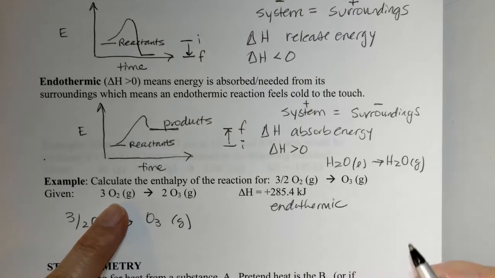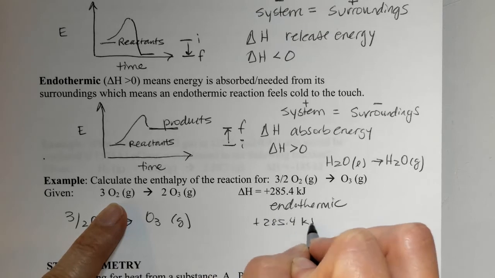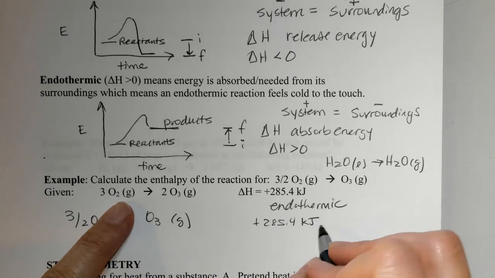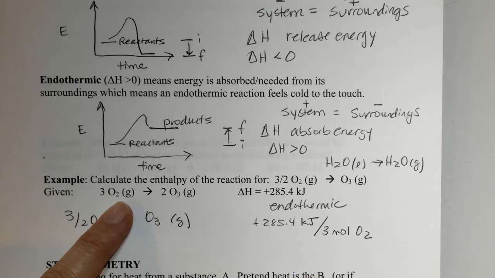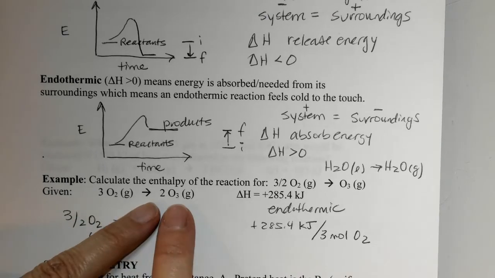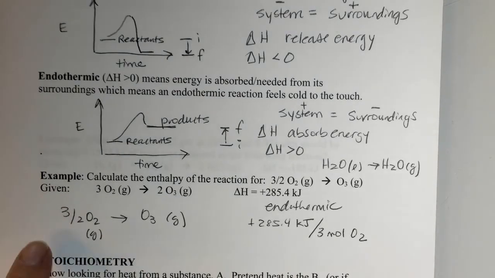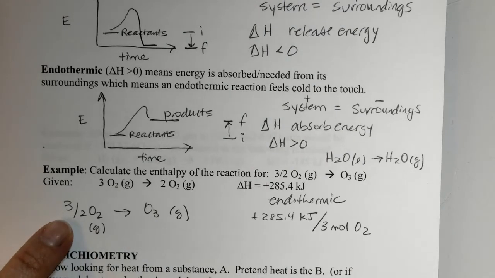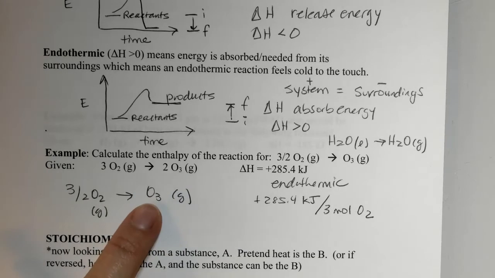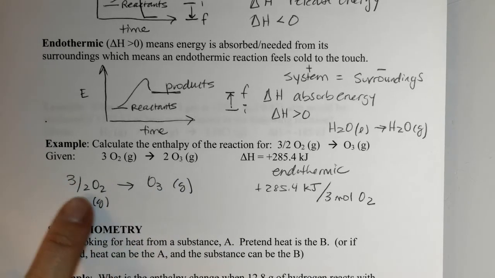So if I have 285.4 kilojoules of energy absorbed, that would be for every 3 moles of O2, or if I want to look at ozone, for 2 moles of ozone. And when I look at this equation that I want to know the enthalpy for, what I notice is I have half as much. Instead of 2 ozones, I only have 1. And instead of 3 oxygens, I have 1.5.